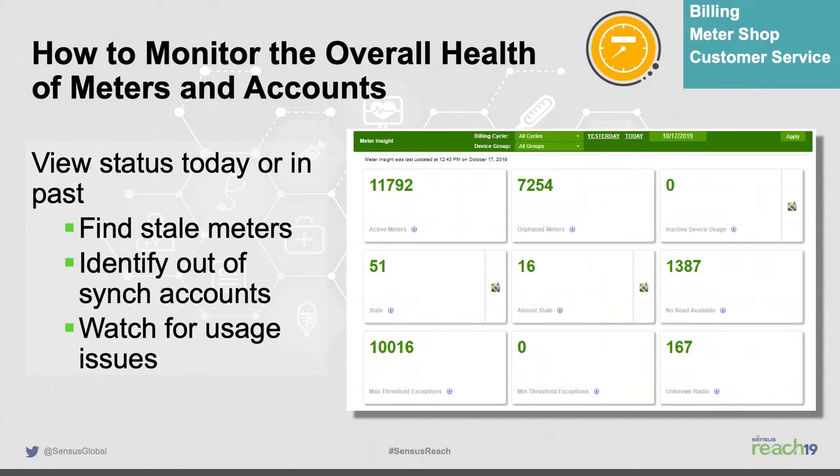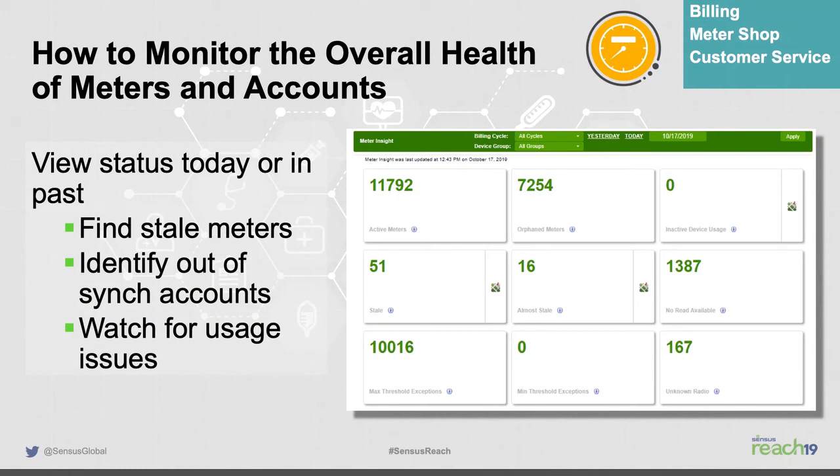Stale meters is our term for a meter that we've been getting reads from, but then in the last 48 or 72 hours, we haven't gotten a current read. So it's an indicator that when the billing cycle's coming to a close, you don't have a read that you can use for that billing cycle. And so you either need to go out and do walk-by, drive-by to get that read, or investigate, is there a communication issue or maybe a meter issue? So that's something you can keep tabs on day to day coming up to the billing cycle.